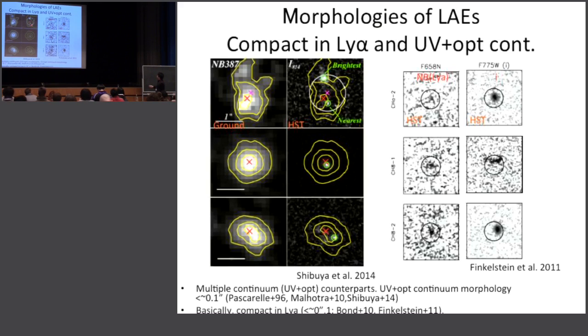Similarly, multiple sources can be found in single Lyman-alpha emitters. But these continuum components are still very compact. To quantify the sizes of such continuum sources, you can compare with the effective radius of the Lyman break galaxies.